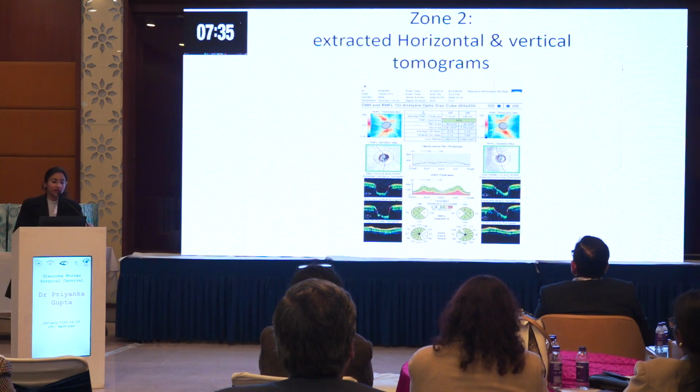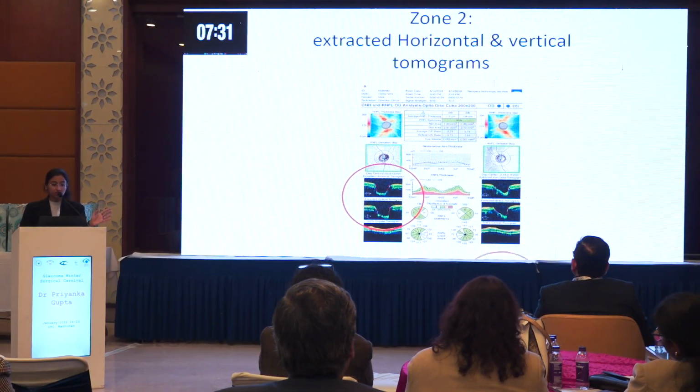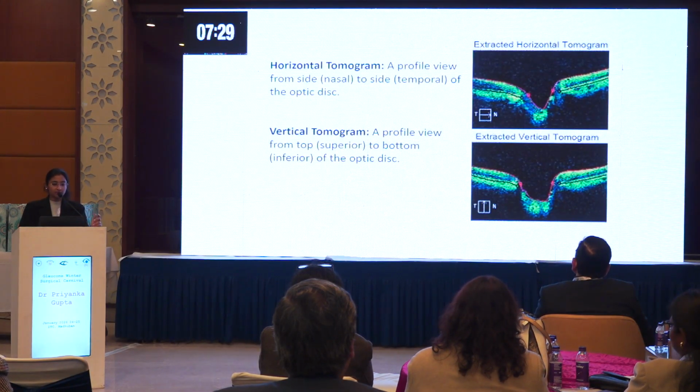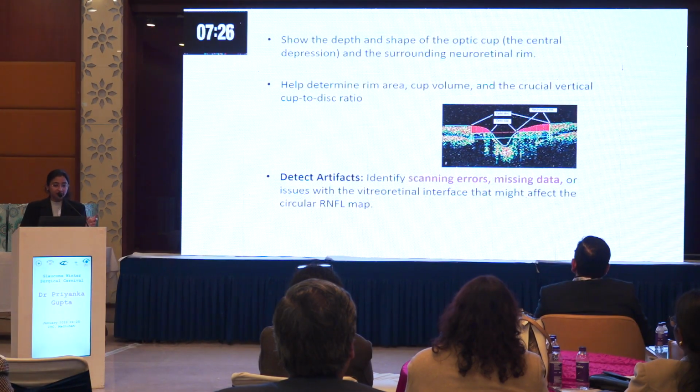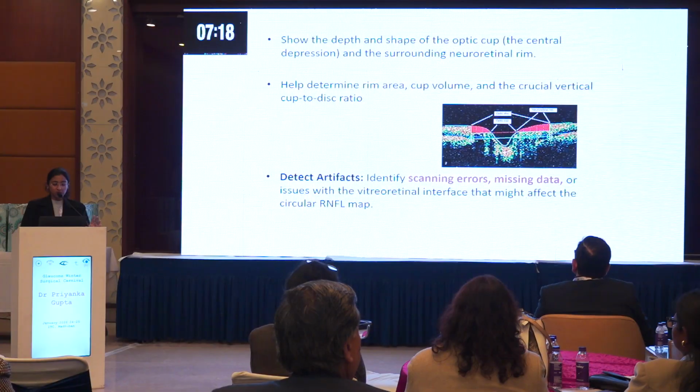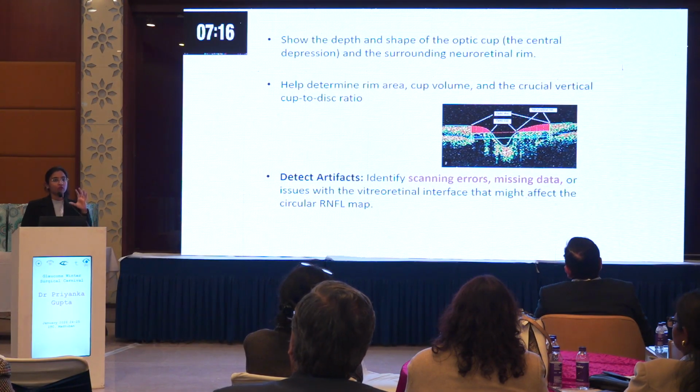Second is the horizontal and the vertical tomograms. You can see these are the ultrasonic images, extracts of the disc. Basically, the machine identifies that this is the cup area, this is the rim area. So it helps the machine to see what is the rim area, what is the cup volume, what is the VCD, and all those parameters which we talk about in glaucoma.